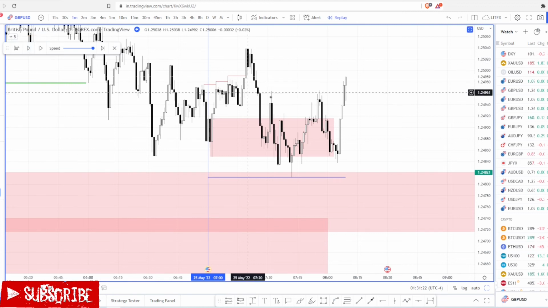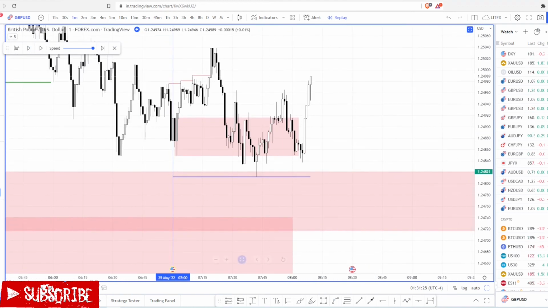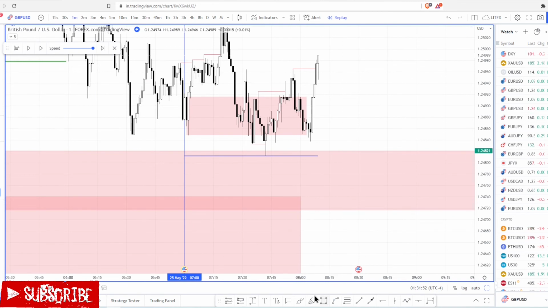Okay, this is where I started looking for entries. All right, this took out this liquidity stop on February, then broke the structure here, came back to retest it, then still broke this structure here, and I was saying, all right, let's wait for it. 3 down candles, that's an order block, or only this to refine here.